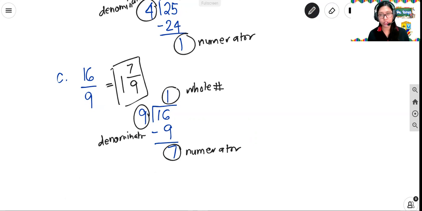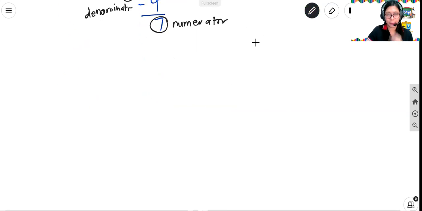So I hope that you understood how to convert or how to transform an improper fraction to a mixed number. So why don't you try it on your own? Let's practice.